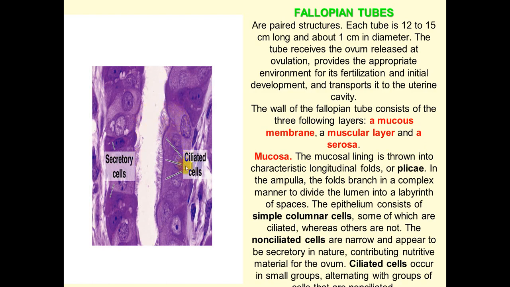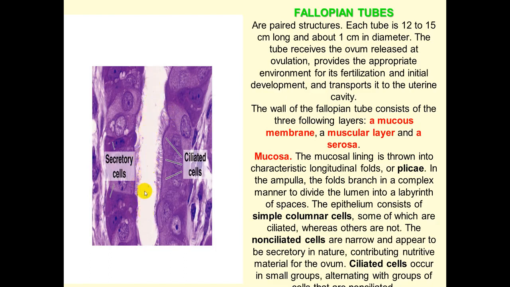First, there are tall columnar cells with cilia. Ciliated cells usually occur in small groups, and between them are groups of cells without cilia, non-ciliated cells. These cells are narrower and secrete fluid.